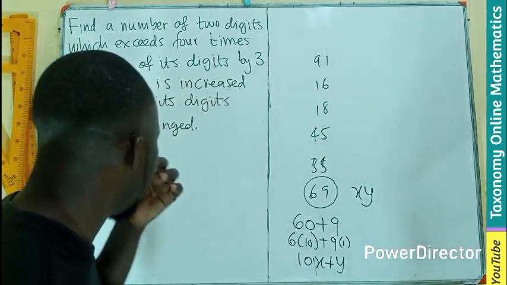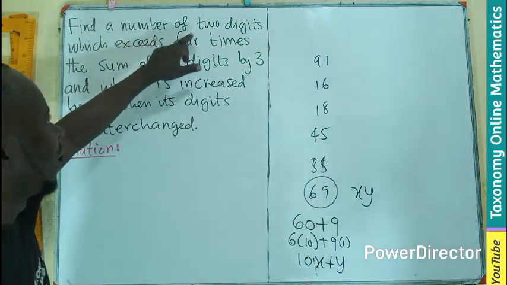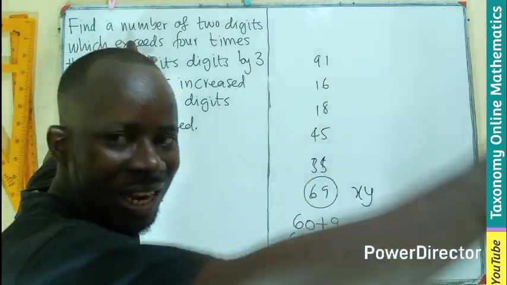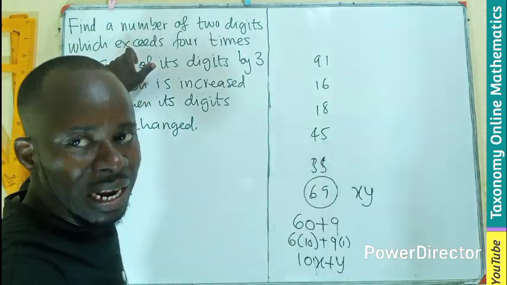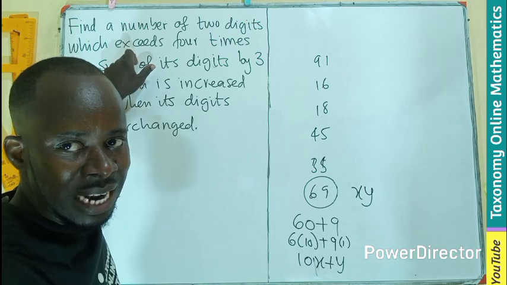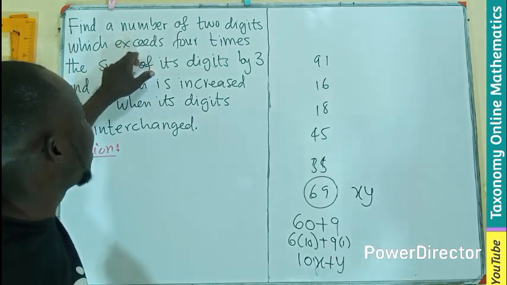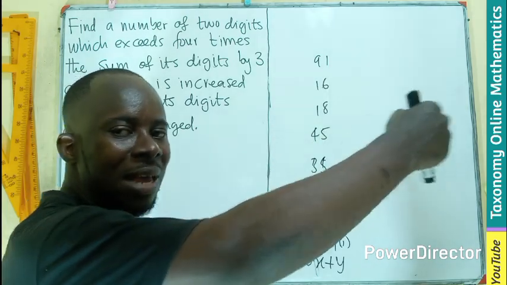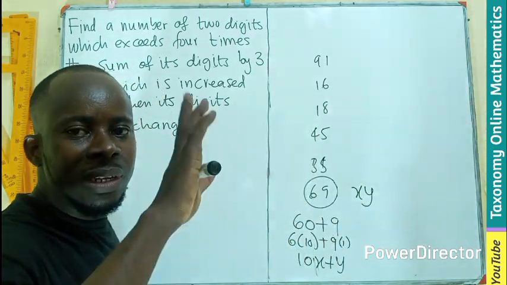Now, find a number of two digits which exceeds. To exceed means more than. So the number exceeds 4 times the sum of its digits by 3.